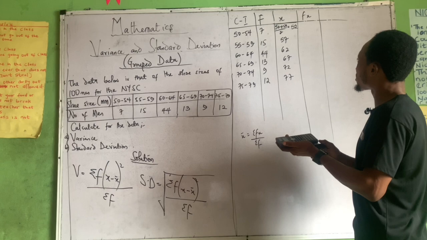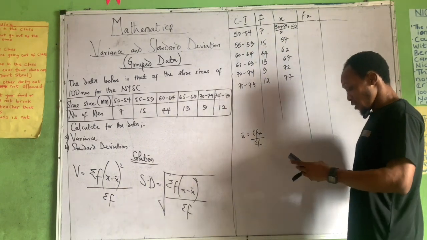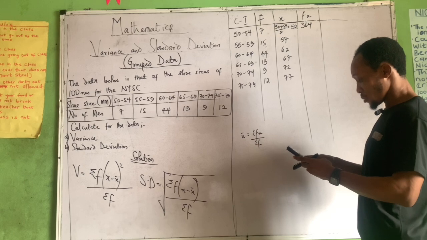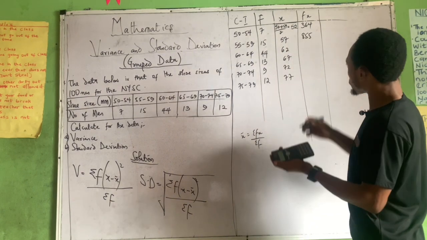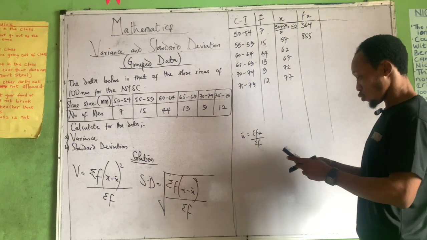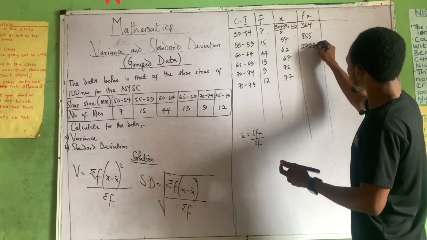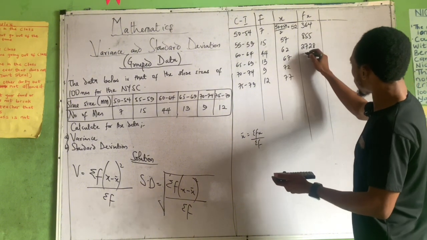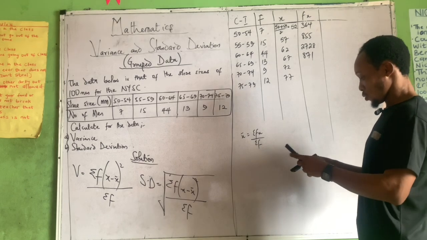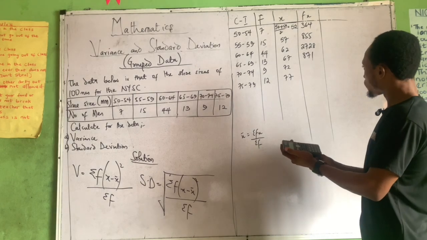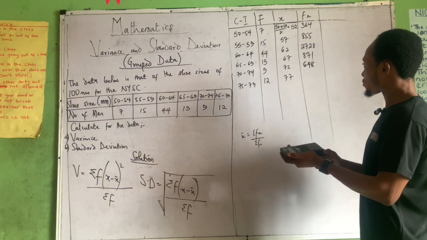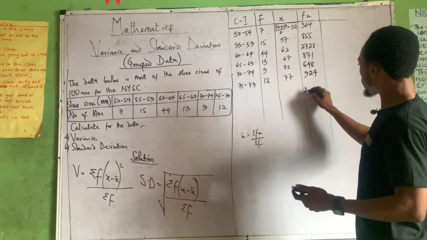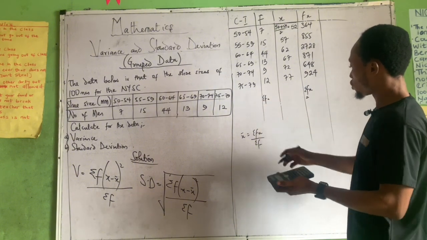So fx now, I will multiply f times x. 7 times 52, that will be 364. 15 times 57, that will be 855. 44 times 62, that's 2728. 13 times 67, that will be 871. 9 times 72, that will be 648. 12 times 77, that's 924.